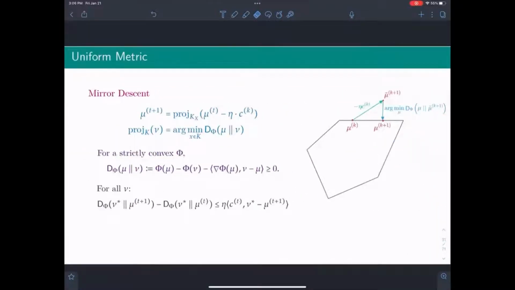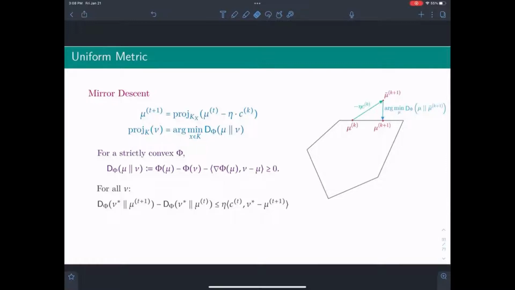The nice thing about it is that the mirror descent framework provides us with a potential function that lets us control the progress of the algorithm.